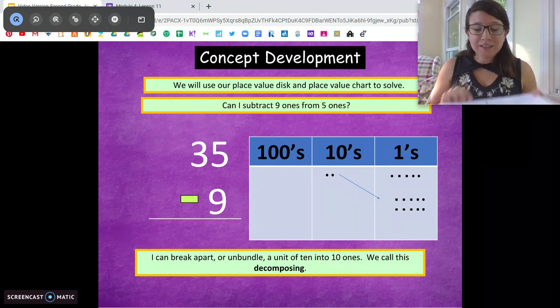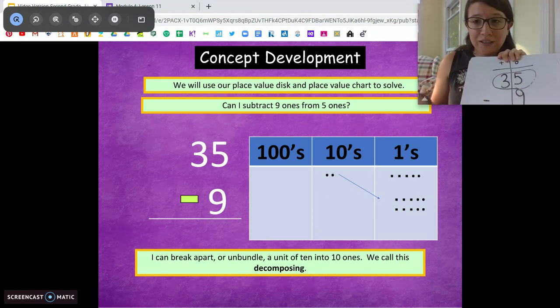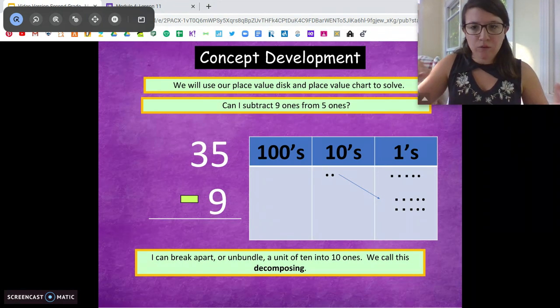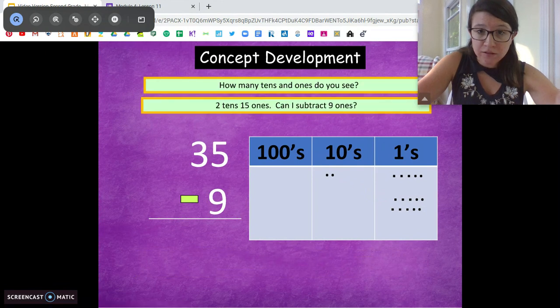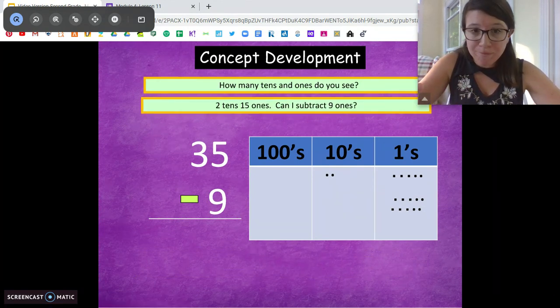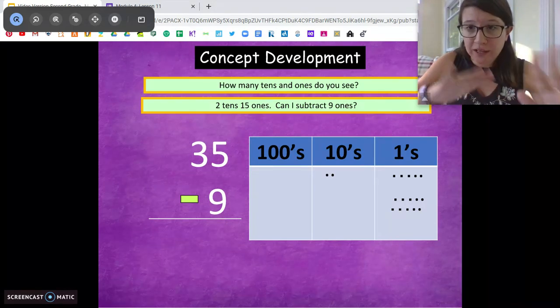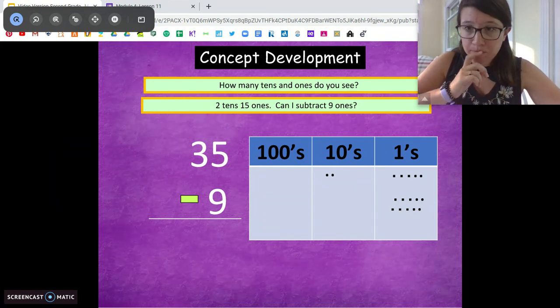But with subtraction, especially if it's like this, the bigger number on the bottom trying to subtract from the smaller number, we have to move them back over. So now we have 2 tens and 15 ones, right? It's the same number, just moved around a little bit. So show that on your work right now.